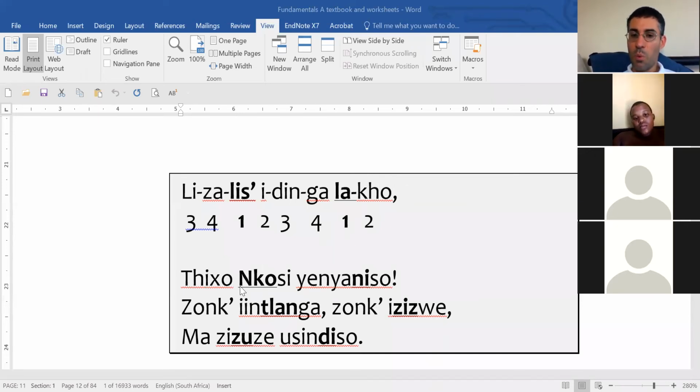Then we come to the next one. 1, si is 2, yen is 3, ya is 4, ni is 1, so is 2, zonk is 3, in is 4, kla is 1, ga is 2, zonk is 3, 4. Do you see how it keeps on going? 1, 2, 3, 4. 1, 2, 3, 4. Can you see that pattern?